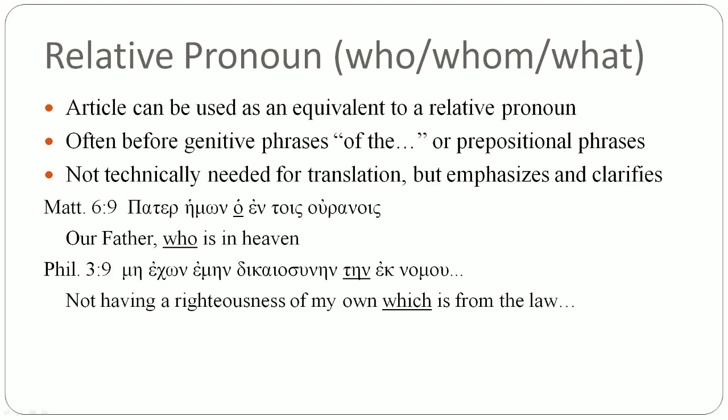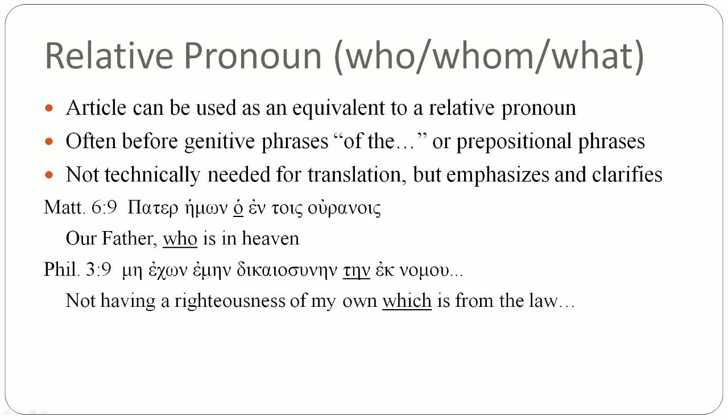Philippians chapter 3, verse 9, me ekon emen dikaiosunen tein ek namu. Tein is the article there, and notice that tein is just sitting off by itself. What immediately follows is a prepositional phrase.